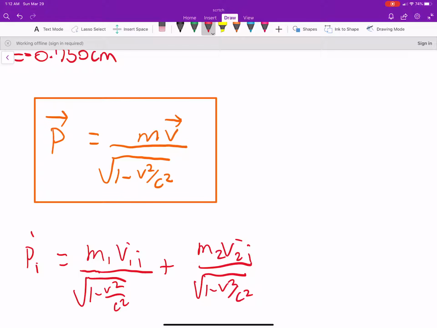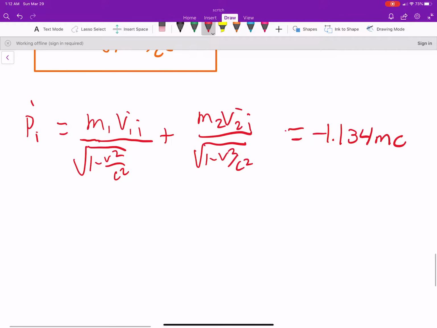If you plug these in, we have the speeds and all that, you should get minus 1.134 mc. And if you do momentum final, again, I'm not going to plug it in, but if you did, you should get the exact same thing. In other words, it should show that momentum is conserved.